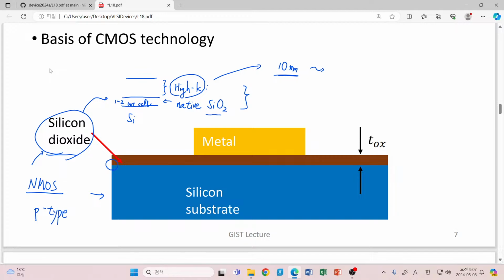However, we must understand there is also the other type of device called p MOSFET. In this case, obviously the silicon substrate is doped with n-type material. Why is it so? It will be explained later. But for a while, since the MOSFET is a representative example of our discussion, I will assume that the silicon substrate is doped with p-type dopant.